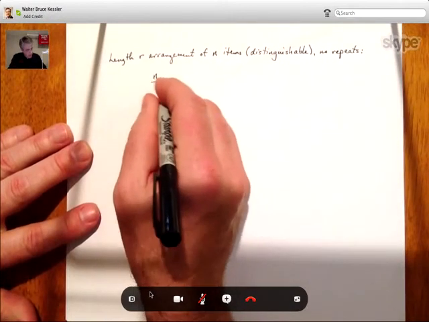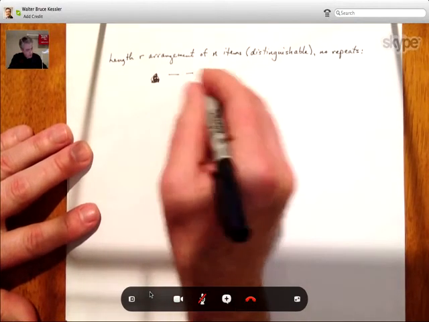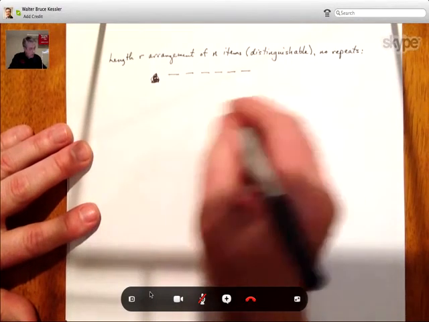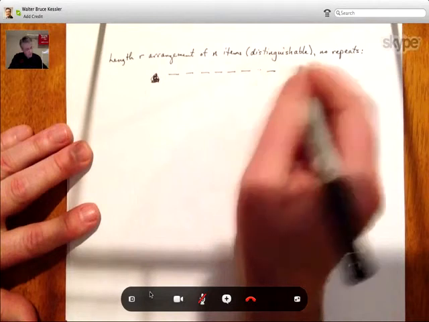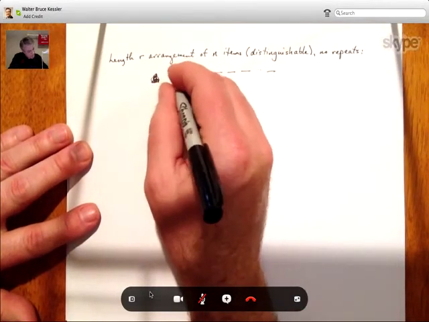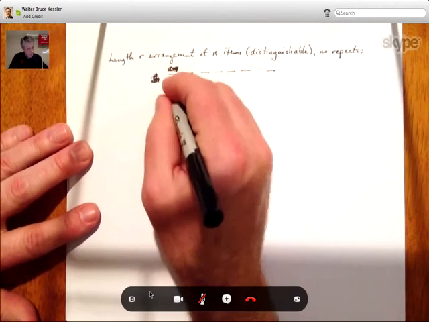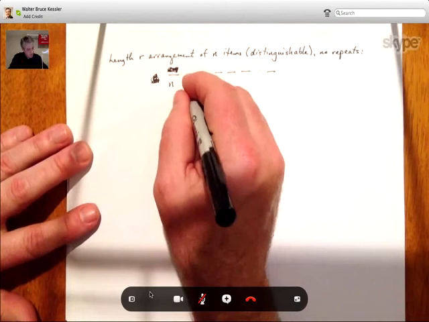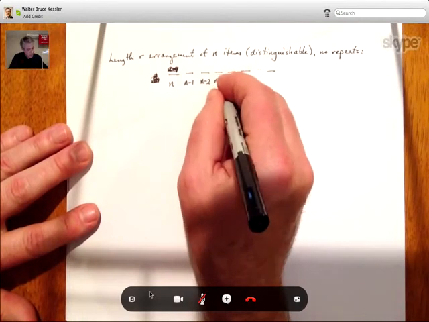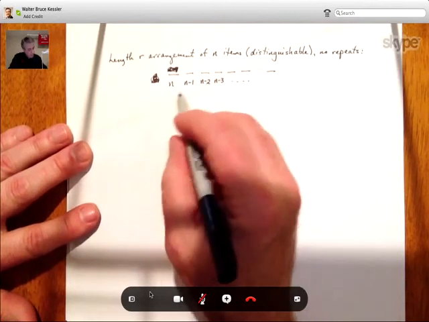Let me do it the way I normally do it. So I've got the R slots, and I tend to put it below. N choices for that one, n minus 1 for that one, n minus 2 for that one, n minus 3, and so on.